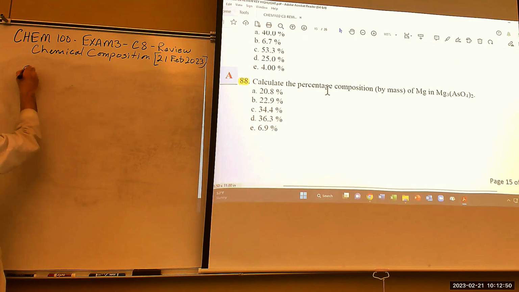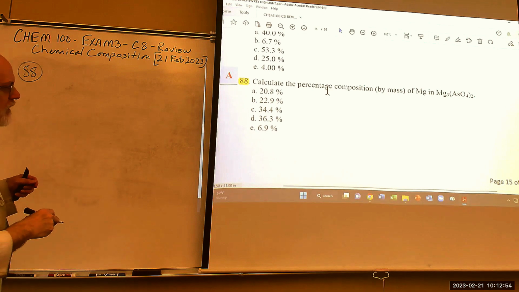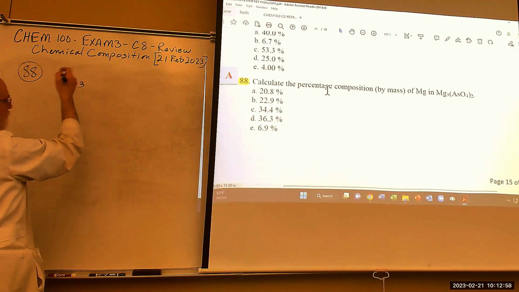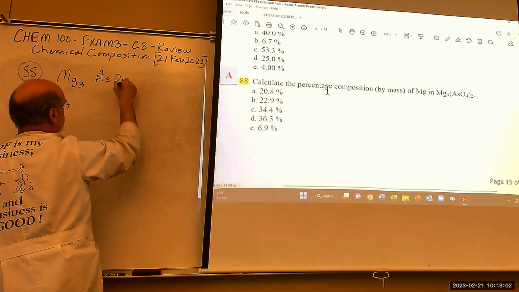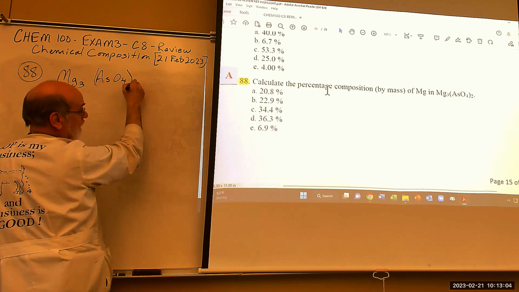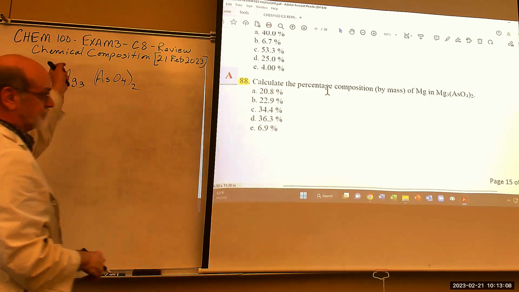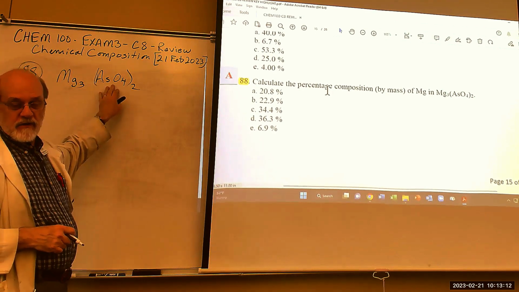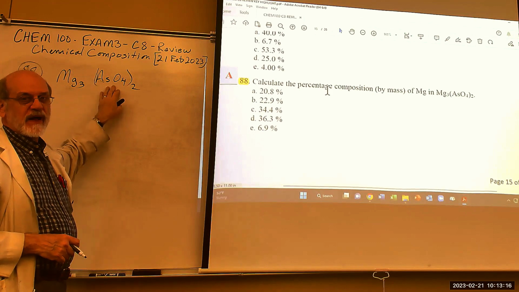So 88, what's that? Another percent composition of magnesium in this compound. Mg3(AsO4)2. And that's 2. And this is 3. Okay? This is a dead giveaway. When you've got something inside of parentheses that has oxygen with it, that's a polyatomic ion.